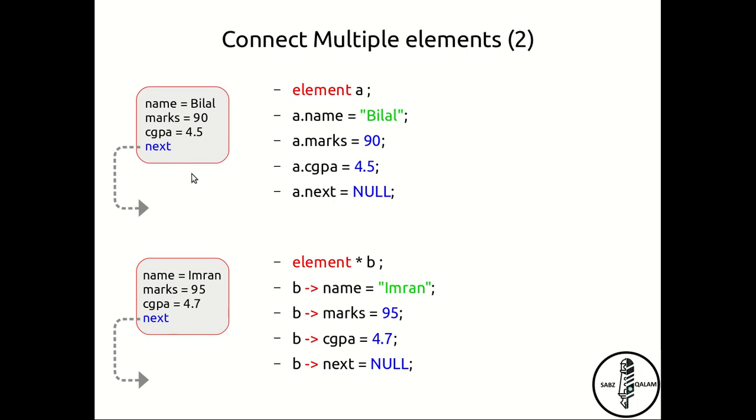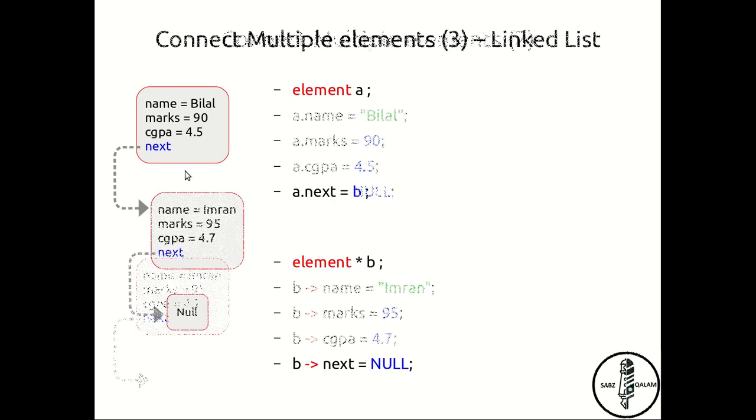Now you can connect the two elements. So this structure A points to B and B points to null. The way you can do this is write A dot next is assigned B. You can do that because next is a pointer, and so is B. And then the next pointer that B points to has been assigned null.